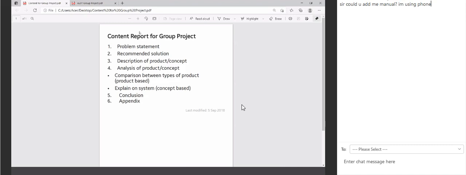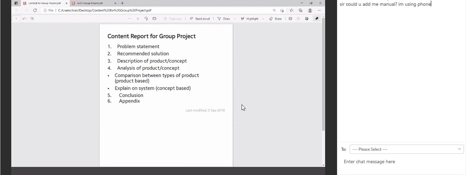For the analysis of the product, if you choose products that are already in the market, you have to compare the advantages between all three products. If you are designing your own product, I want you to explain in detail the system and the concept that you chose. And then conclusion, and then appendix.